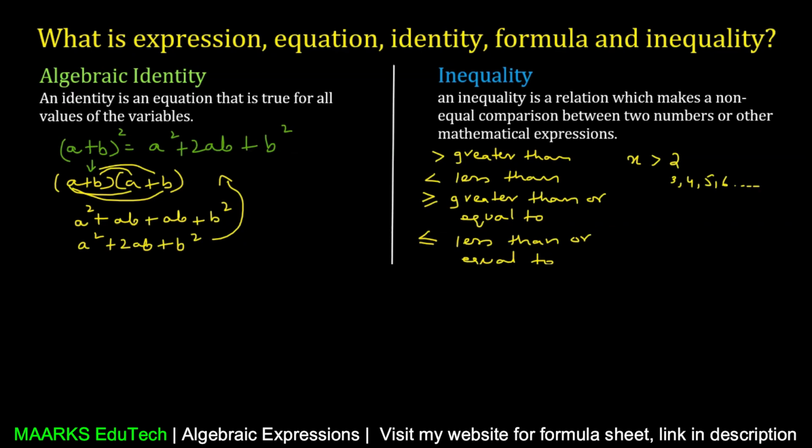If I say, for example, x is greater than 2 and x is less than 8, and to make it more understandable, I am using this symbol also, x is greater than or equal to 2. So now when I use this symbol, it means 2 is also included. So greater than or equal to 2 means 2, 3, 4, 5, 6, 7, and I will not write 8 because it's less than 8.